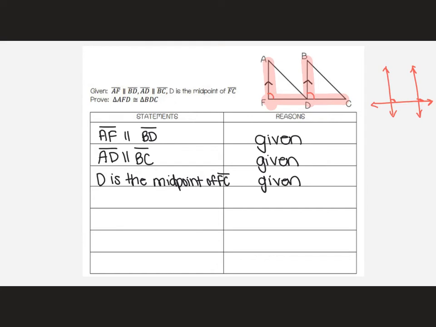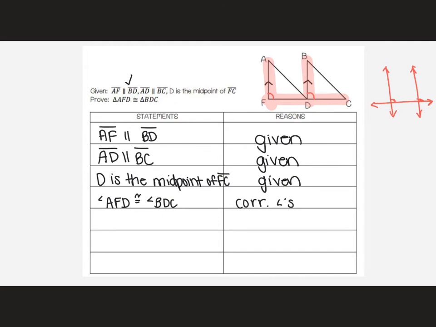It's very important that you don't mark those with right angles, even though they kind of look like they might be, because nowhere does it say perpendicular or right angles. So I'm going to write down angle AFD is congruent to angle BDC because those are corresponding angles. And then I'm going to check off that I used the first given.